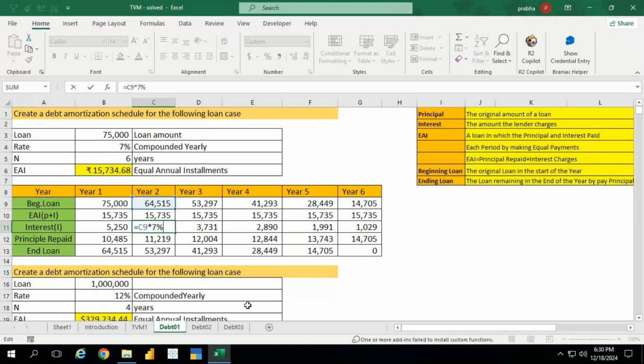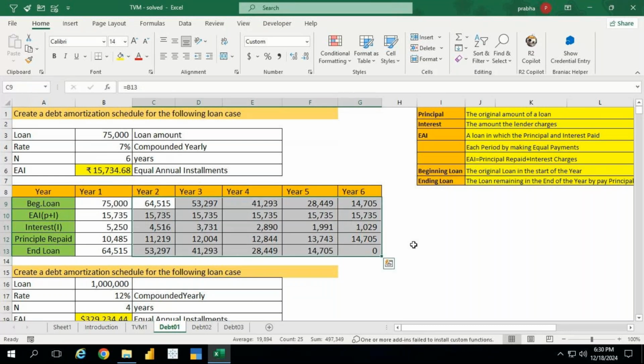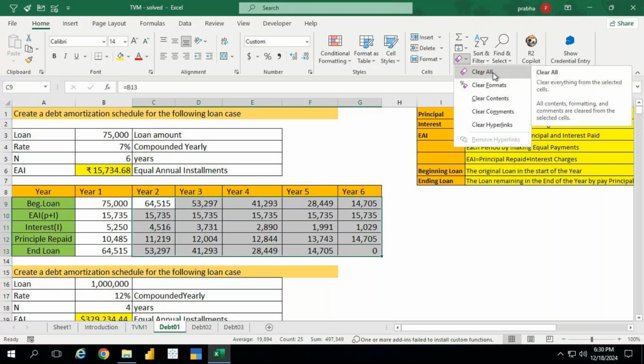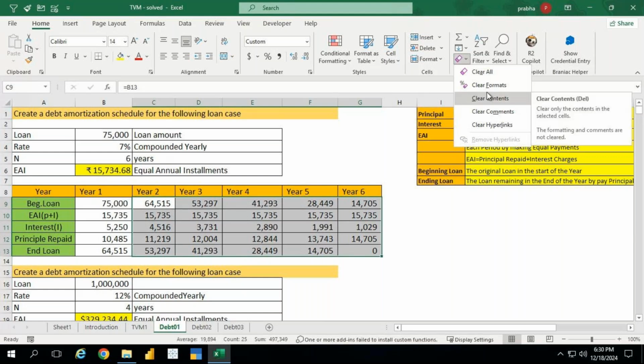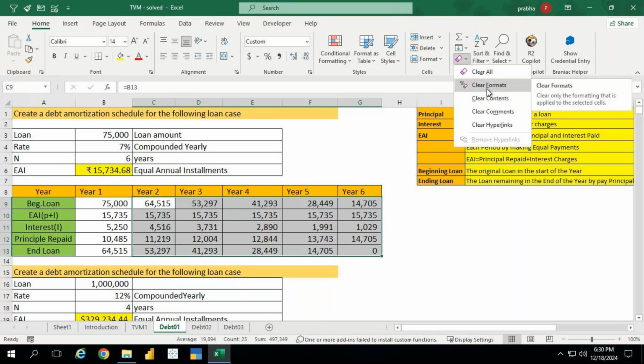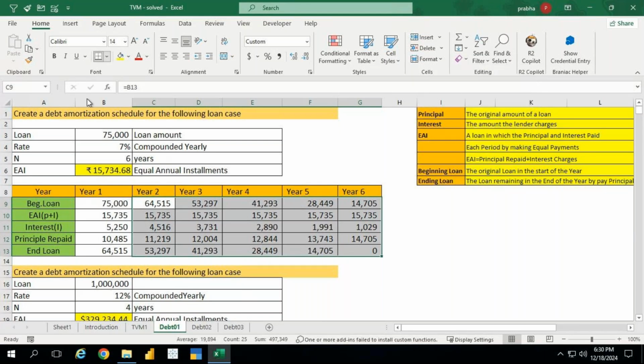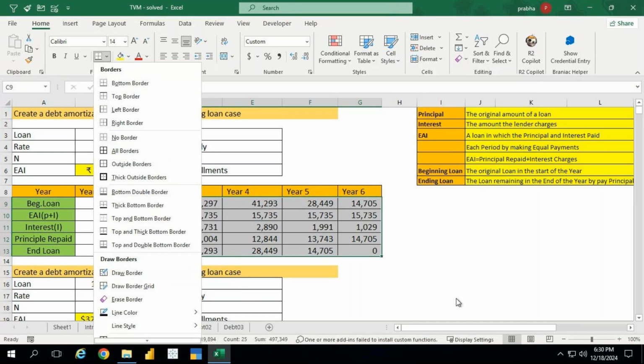It's showing value error. Yes, ma'am. So if that is the case, just select the range completely and clear all. If there is any such formatting applied, sometimes you will not get it. So once only the values part, let the years be selected and clear formats. So one to two times you try, then come here and apply the borders, all borders, and again try it out.